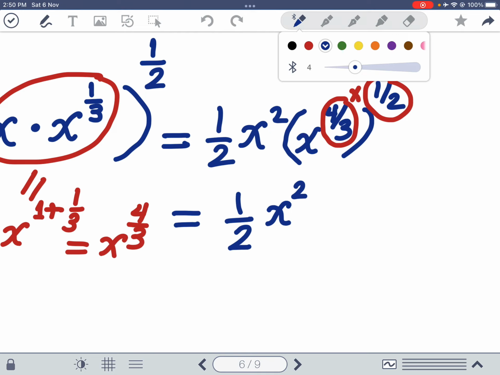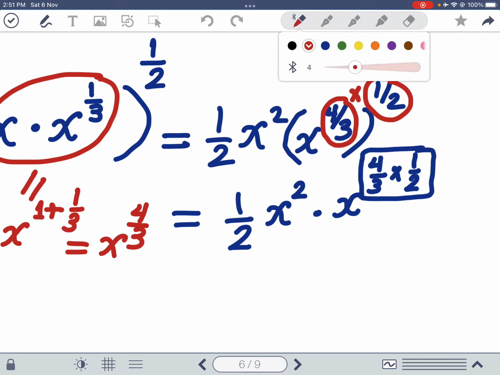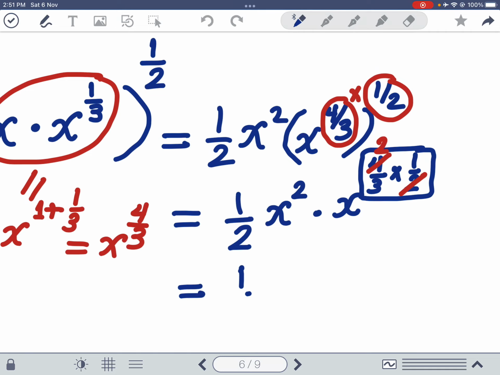So this will give you x to the power 4/3 times 1/2. The 2 cancels with the 4 becoming 2, and so you get x to the power 2/3. So this will be 1/2 x squared times x to the power 2/3.